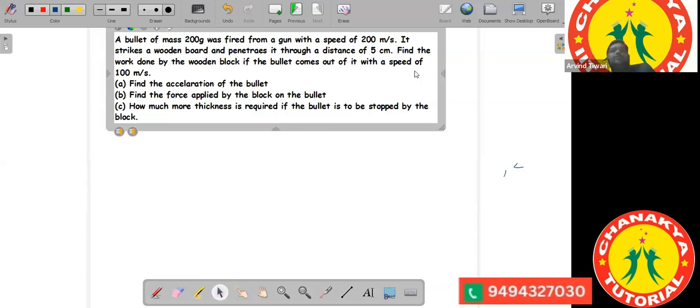So either way you compute, that's your wish. Either you compute by any of the methods, you will get your correct answer.